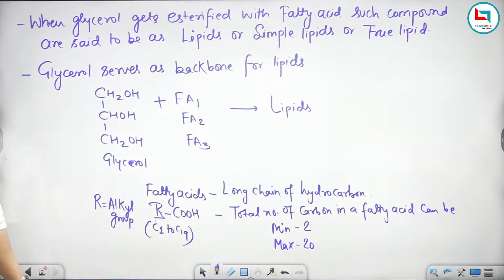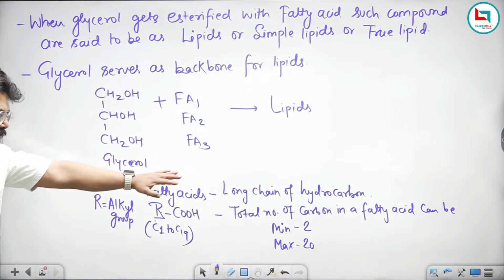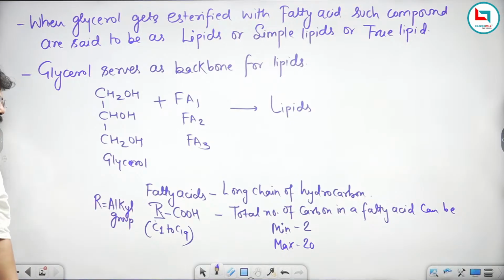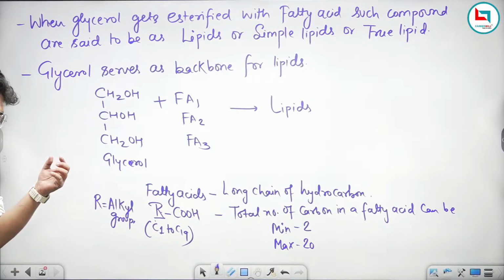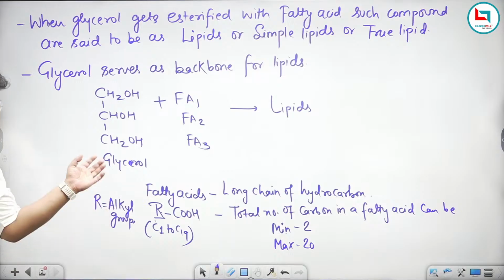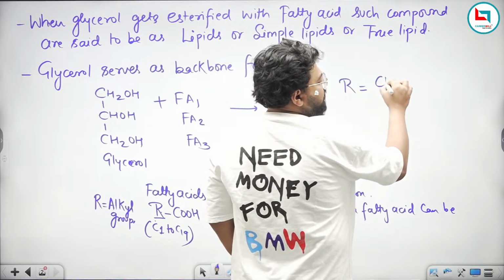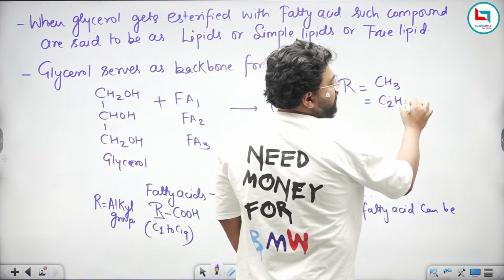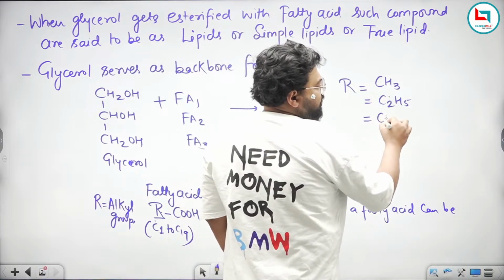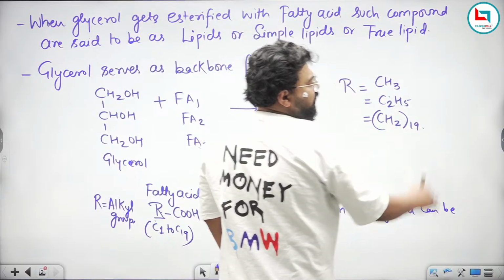So fatty acids are compounds made up of long chains of hydrocarbon, with the formula RCOOH, in which R is an alkyl group. This R can be CH3, this R can be C2H5, or CH2 units which can be repeated up to 19 times.